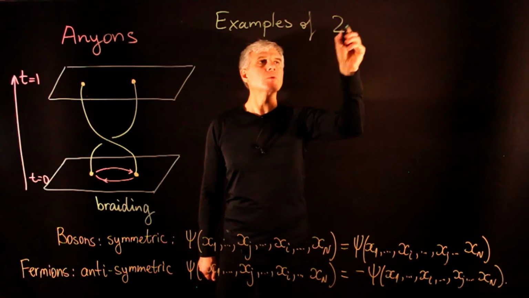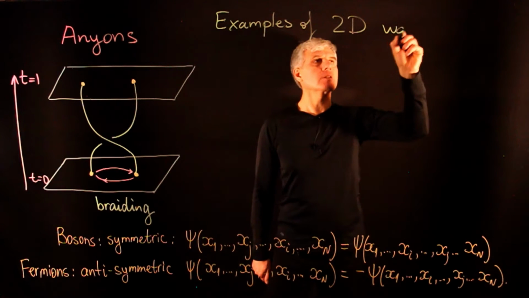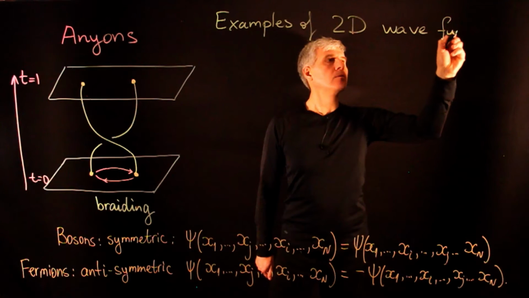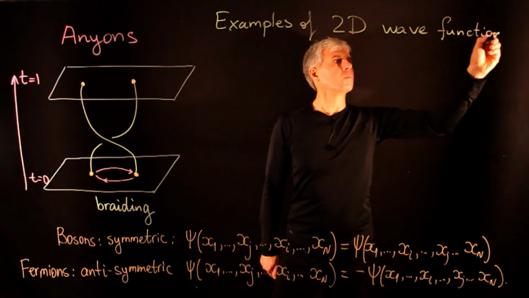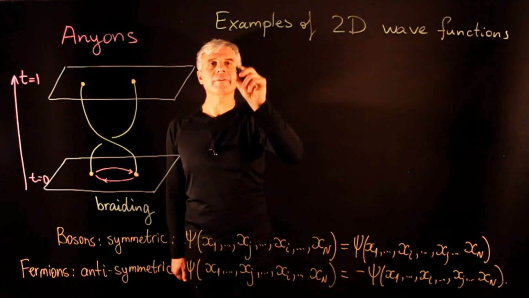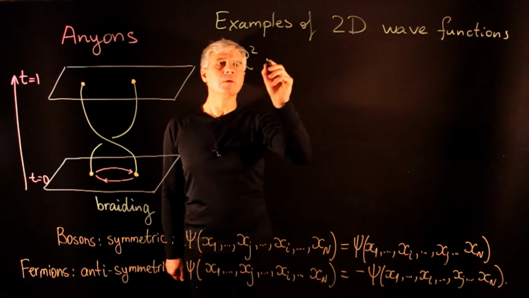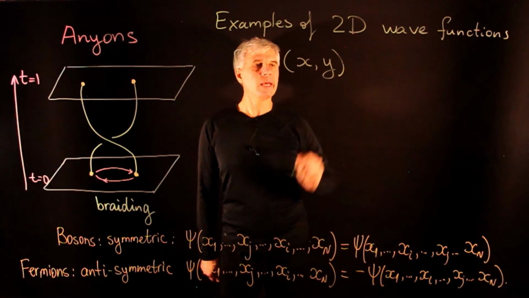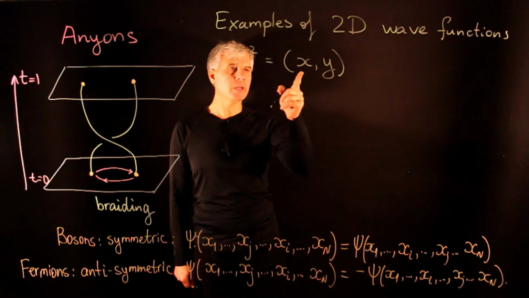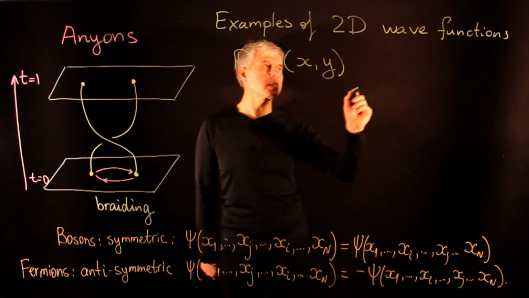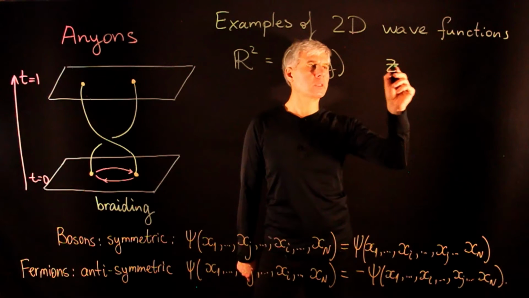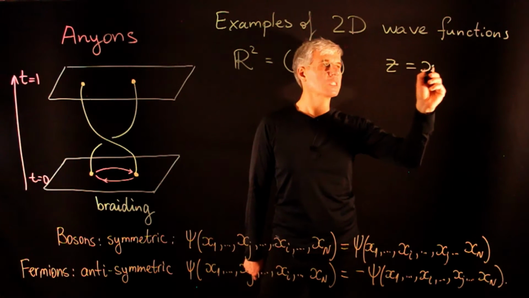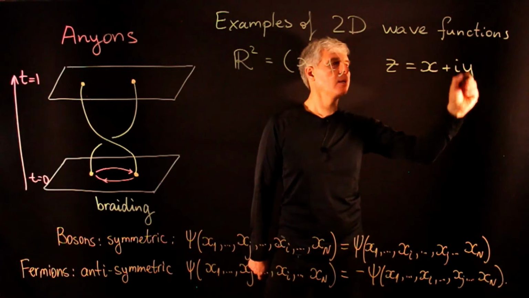Let us construct some examples of two-dimensional wave functions. So here we have an R2 with coordinate system xy. And what we do, we replace two real coordinates with a single complex coordinate. So we introduce z, which is x plus iy.